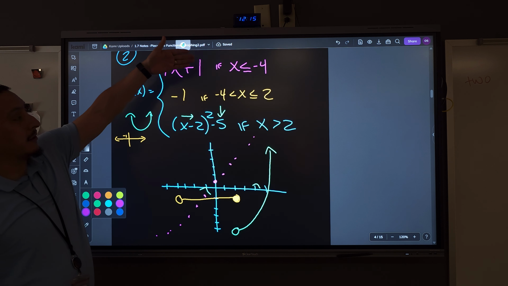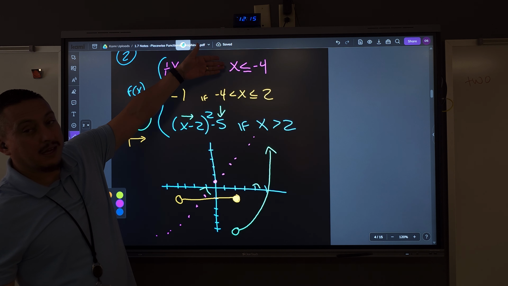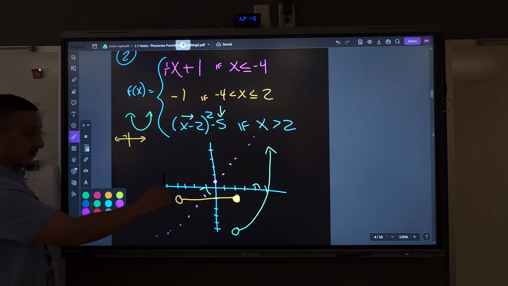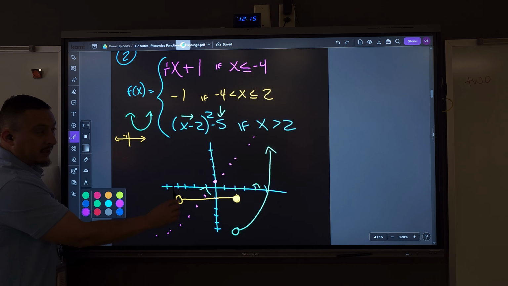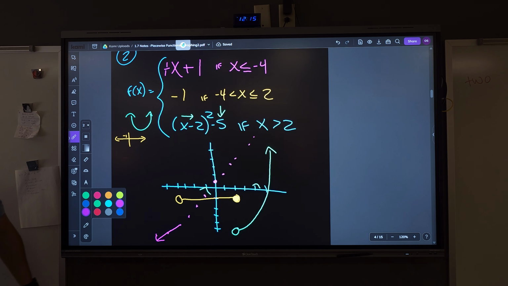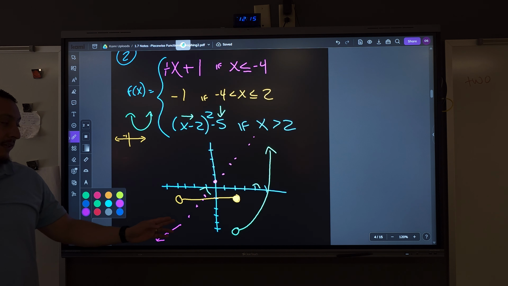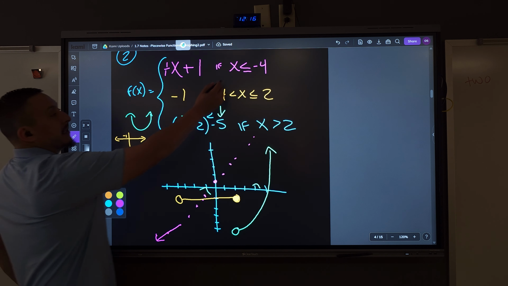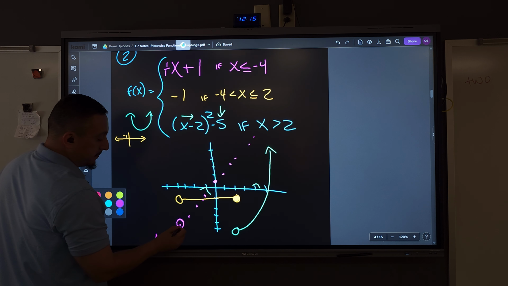I only want the x's that are less than negative 4. So here's negative 4. Is that to the left or to the right? Left. Only want this side. And again, just common sense, they can't overlap, so you can't do the right side because then it would overlap with the yellow part. Now notice it does say equal, so.